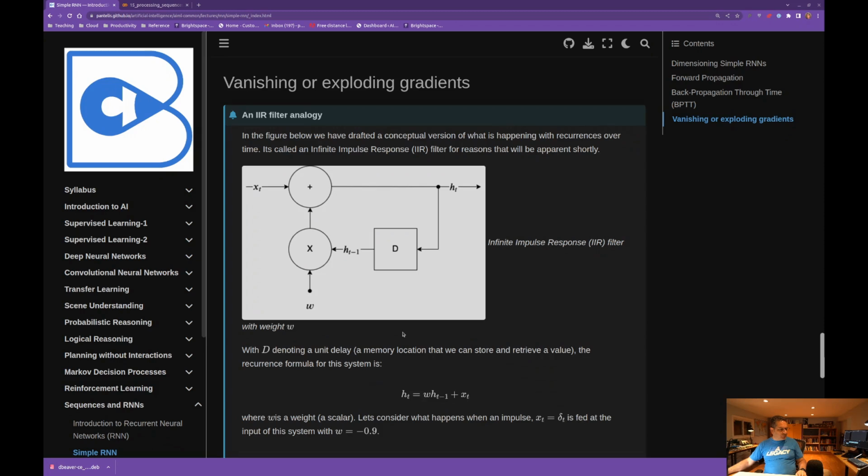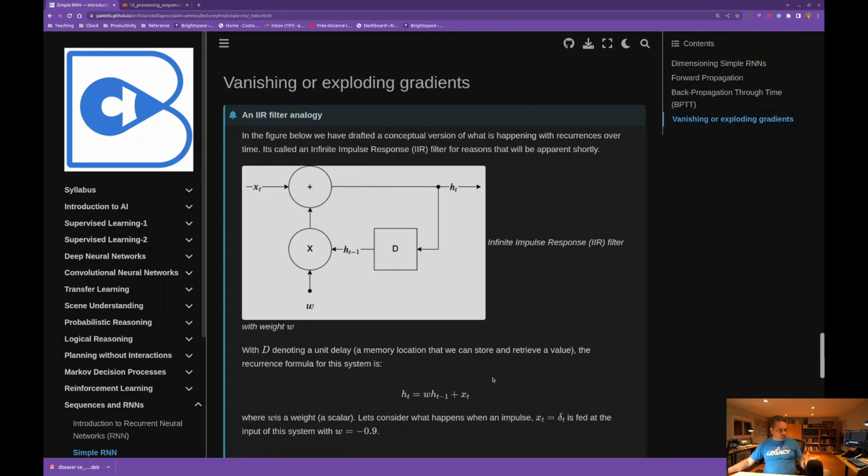Where you will receive some kind of input x of t, and you are adding some scaled version of what you remember from the previous instance of the output of that device, h of t. So the equation matches what you have seen earlier. There's no nonlinearity here, but it matches the trivialized equation of an RNN, where we have some dependence on the previous state and of course the input.